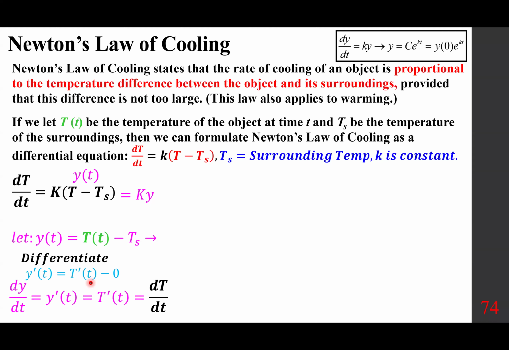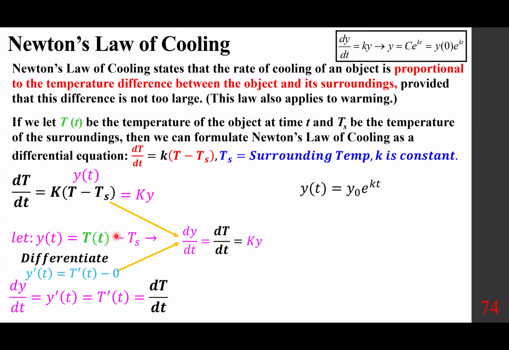So if dT/dt is ky, so is dy/dt. According to this, dy/dt and dT/dt are both ky. And y, therefore, follows the formula here: y of t is y sub 0 e to the power of kt.